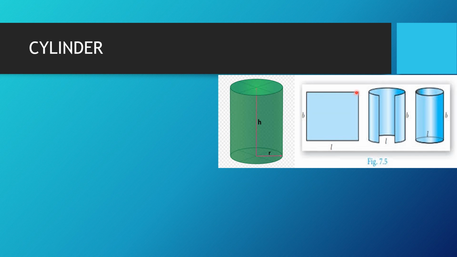So the breadth becomes the circumference of the circle, that is 2 pi r, and the height is H. In short, what is the curved surface area? Curved surface area means only the rolling part of the cylinder, that is this circumference into this height, 2 pi r into h.